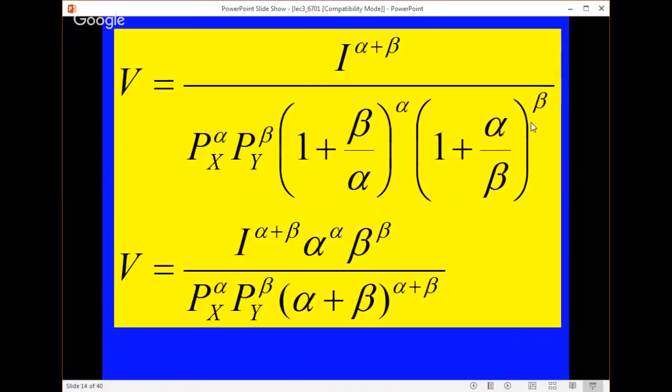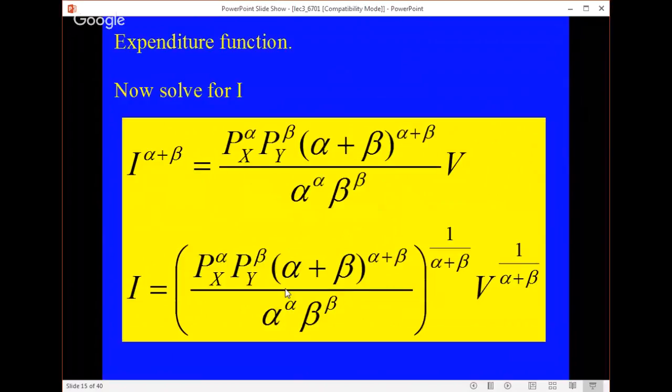And doing that, I get I to the alpha plus beta, alpha to the alpha, beta to the beta, over Px to the alpha, Py to the beta, (alpha plus beta) to the alpha plus beta. Okay. So now I have I where I can get it to the other side.